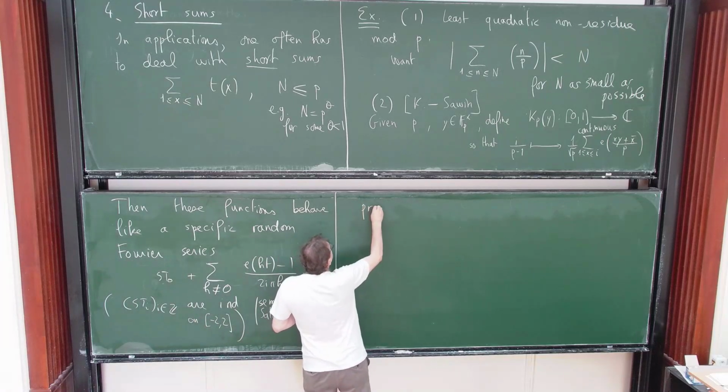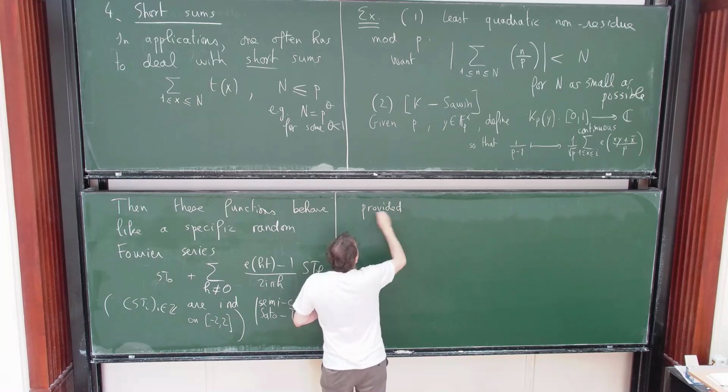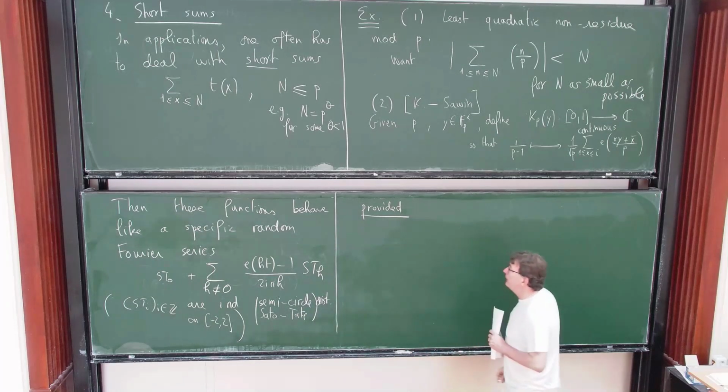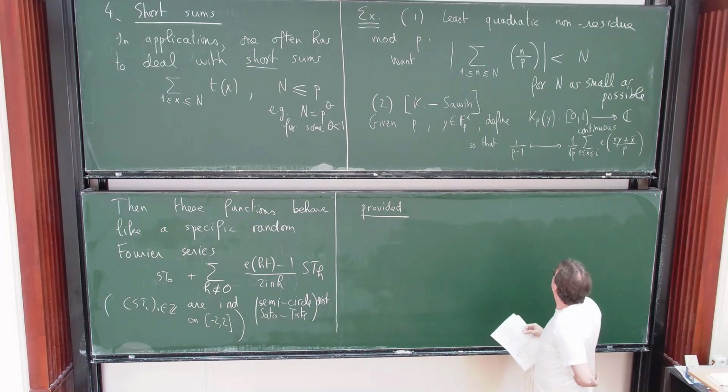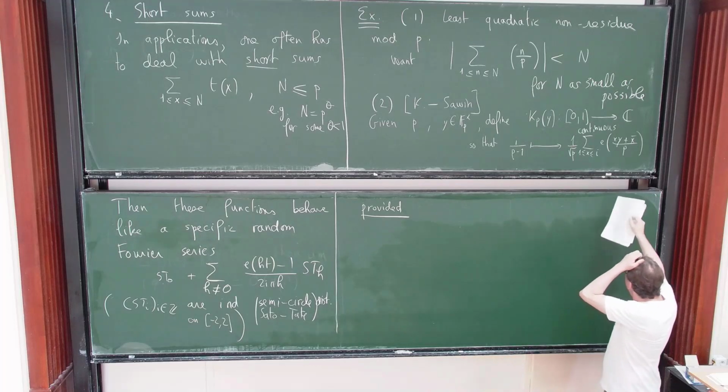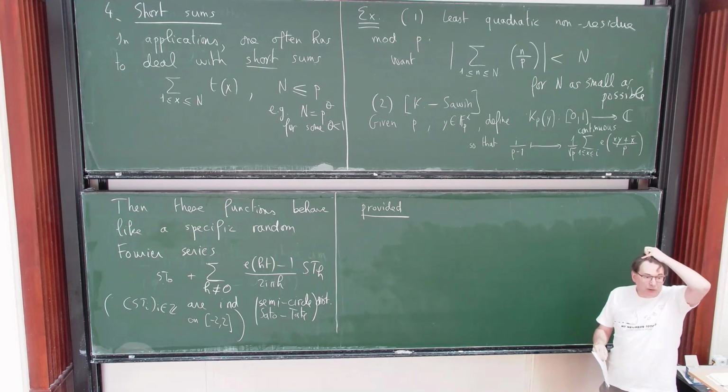We cannot prove this quite yet. We can do this if we can bound the partial sums of the Kloosterman sum on intervals of length a little bit less than square root of p.